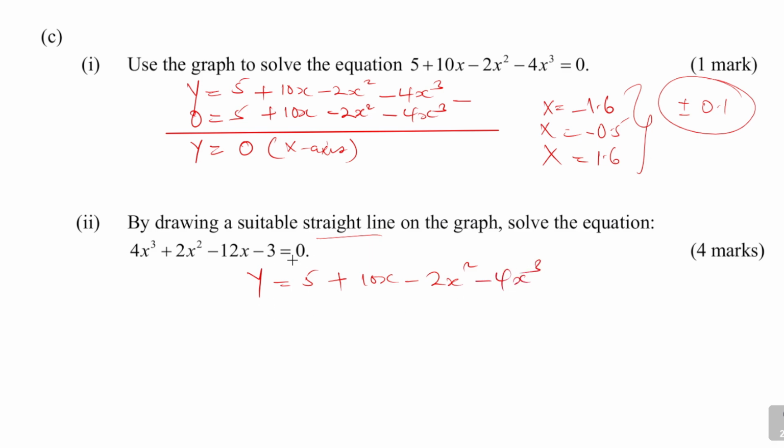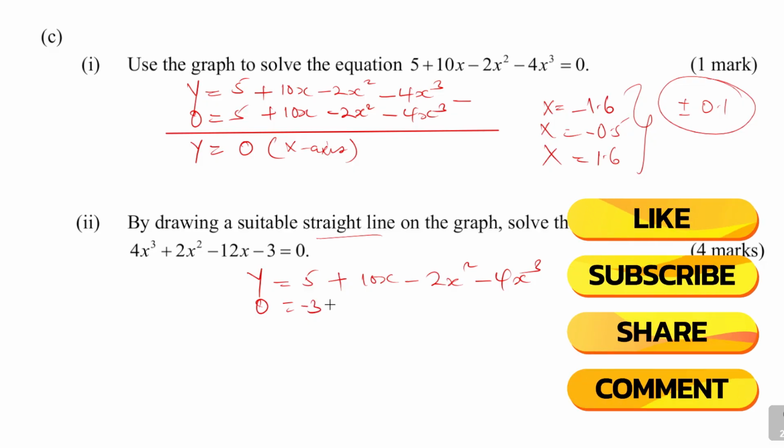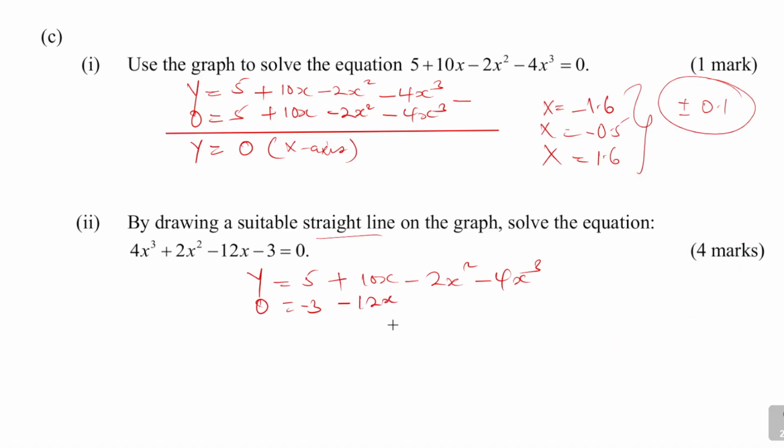So again, compare these, this 0, then you have this is negative 3, and then this is minus 12x, and then this one is plus 2x squared, then we have plus 4x cubed.